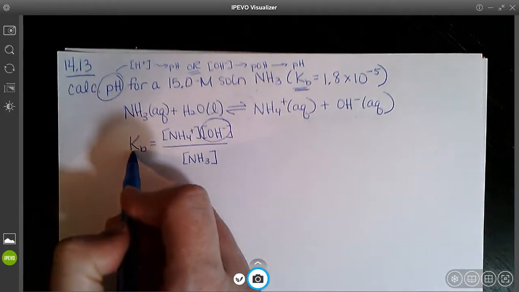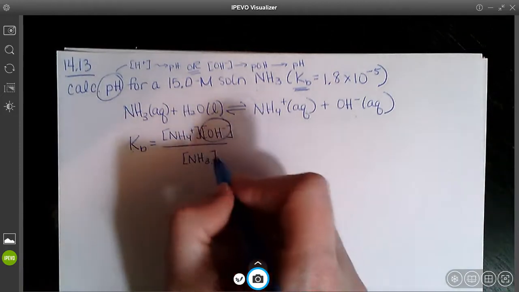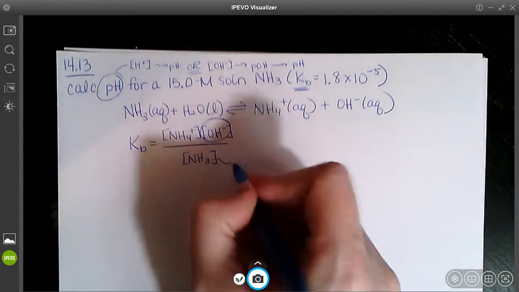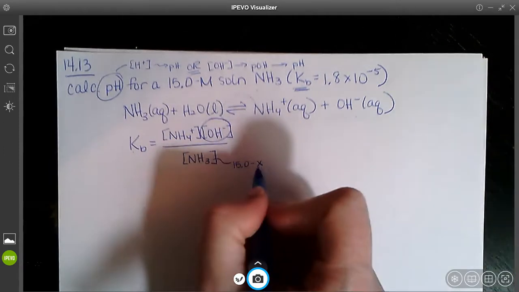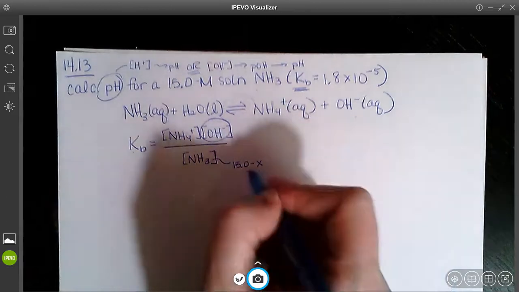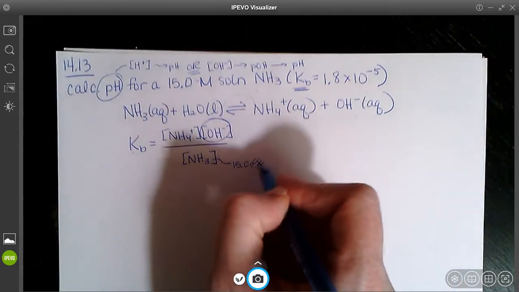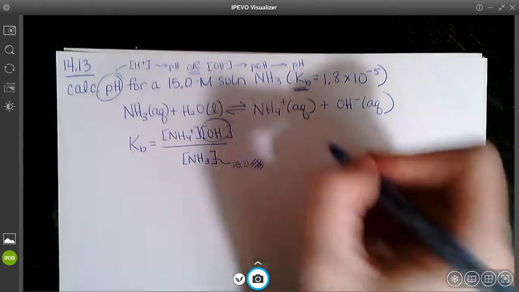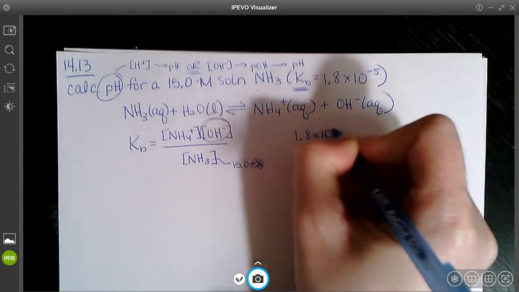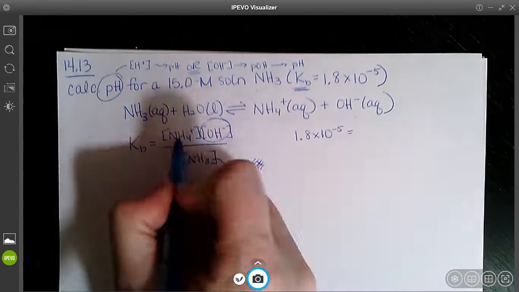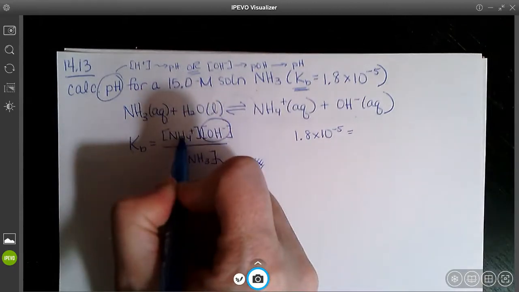We know Kb, and we know that our ammonia is technically 5.0 minus X, and X is whatever it dissociates to, but we're going to assume because this is so small, it doesn't exist. So now my Kb is 1.8 times 10 to the negative 5 equals X squared over 15.0, since these are the same concentration in a 1:1 ratio.